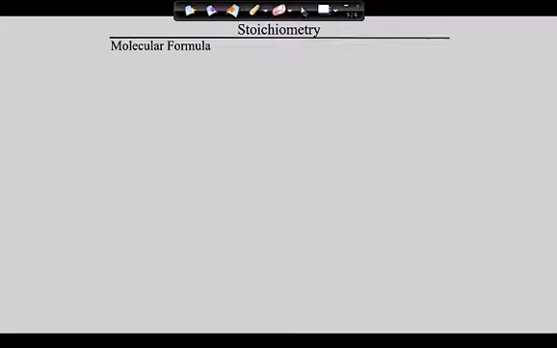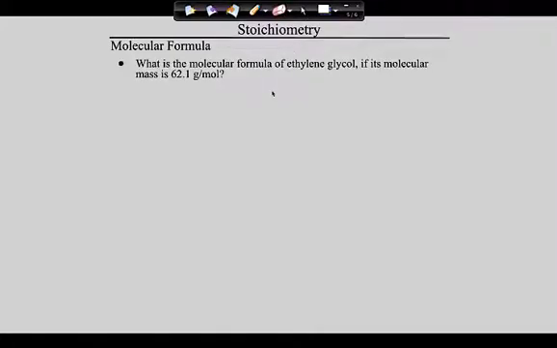Well, guys, what we've got to do is we've got to do a little bit more math. So check this out. Write it down in your notes. It says this. What is the molecular formula? What is ethylene glycol if it weighs 62.1 grams per mole?